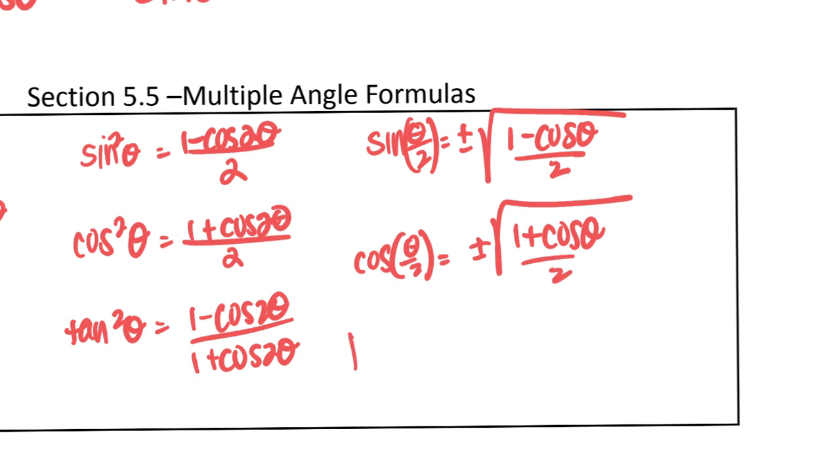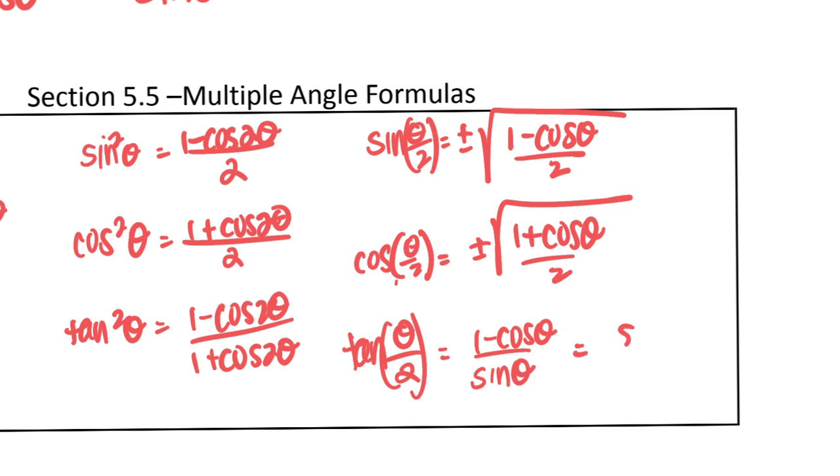And then the tangent of theta over 2 is just dividing sine of theta over 2 by cosine of theta over 2. And we get 1 minus cosine theta over sine theta, or sine theta over 1 plus cosine theta.